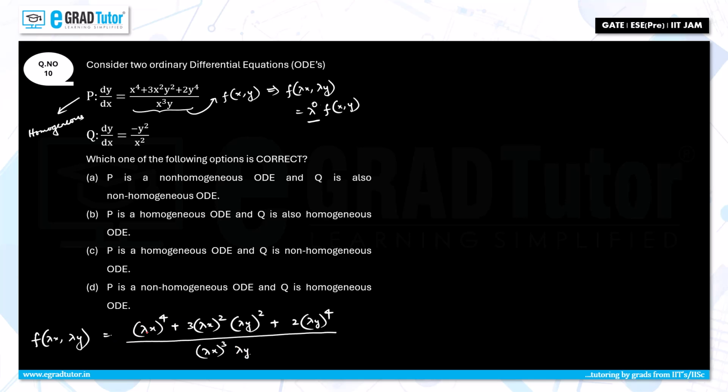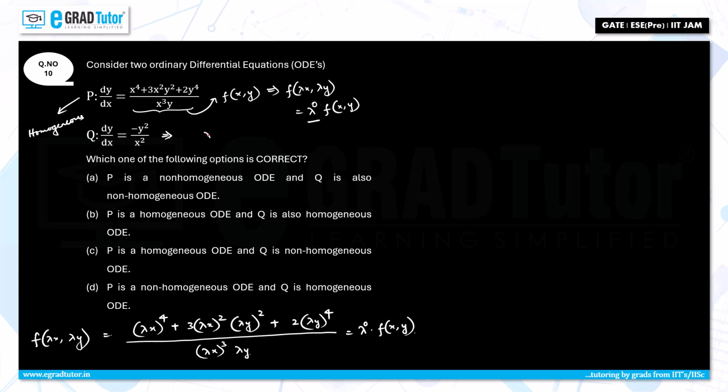Okay, so you can take lambda power 4 common from the numerator from all the terms, lambda power 4 common from the denominator, you will get lambda power 0 into f of x comma y. Okay, in the same way you can just check the second one also.